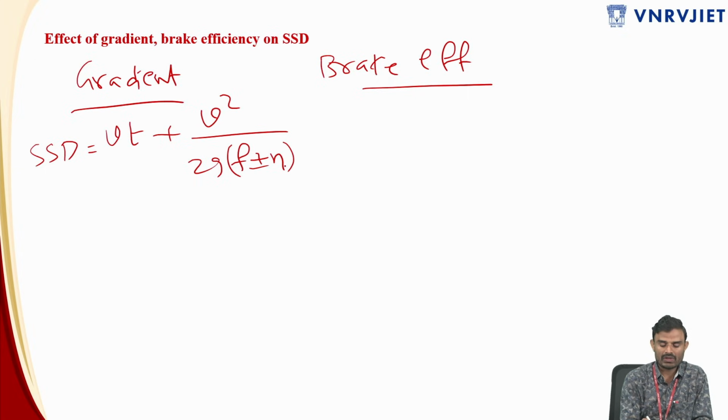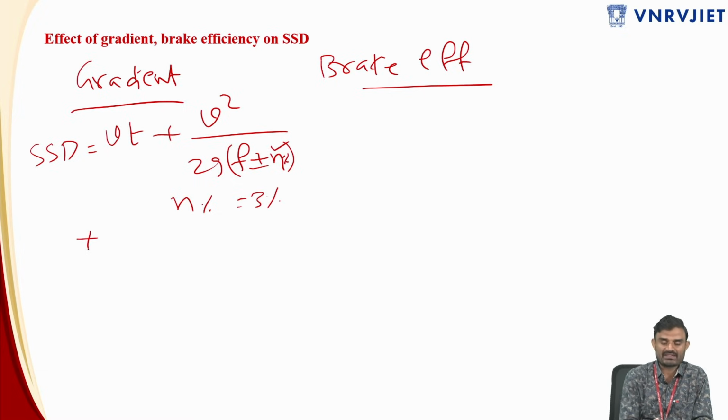I'm going to incorporate a parameter n, which is the gradient. That should be added or subtracted to the longitudinal coefficient of friction, where n is the gradient expressed in percentage. If it is 3%, the value of n is equal to 0.03.